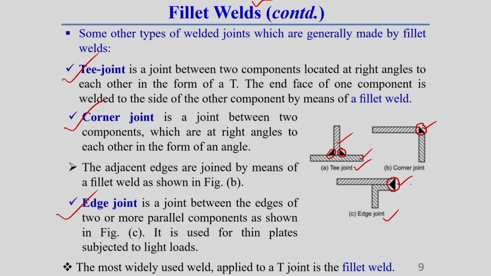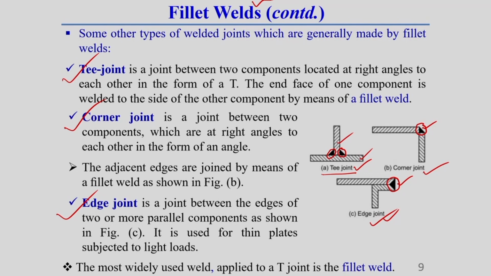So, these are all generally done by fillet weld, but the joint name depends upon the position of the two components. Figure A is called the T joint, the second one is called the corner joint, and figure C represents the edge joint, because here an edge is formed. But the weld we are making here, whose shape is triangular in nature, is called a fillet weld.